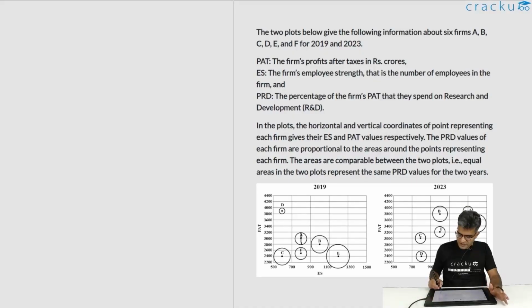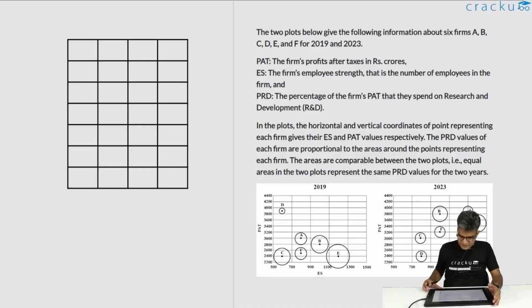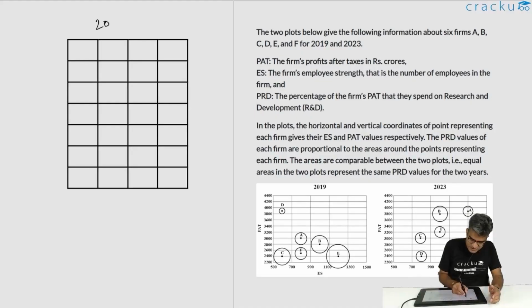In these kind of questions, what I normally do is, I don't try to put down all the information that is available into a table, because then it will take a lot of time. What I would normally do is, I would draw 2 tables. So this would be one table. This is for the company, this is for say 2019. This is A, B, C, D, E and F. We have PAT, we have employee strength, and I would calculate the diameter.